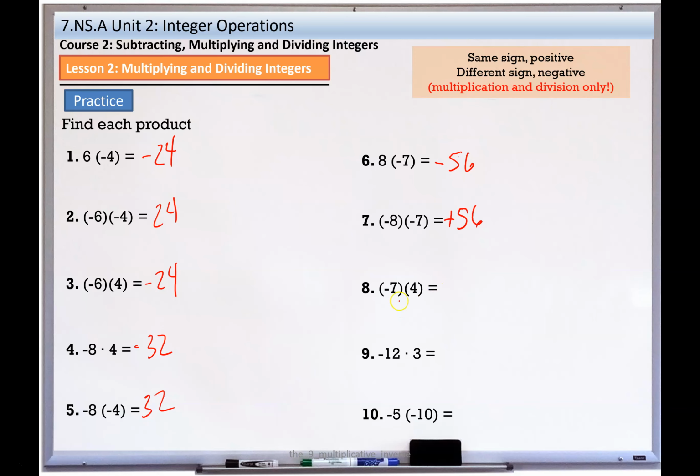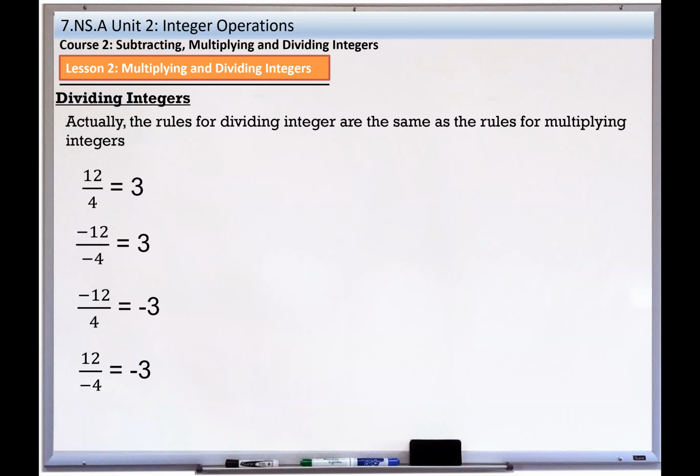Different sign, number 8, different sign, negative. Number 9, different sign, negative. Number 10, same sign, positive.